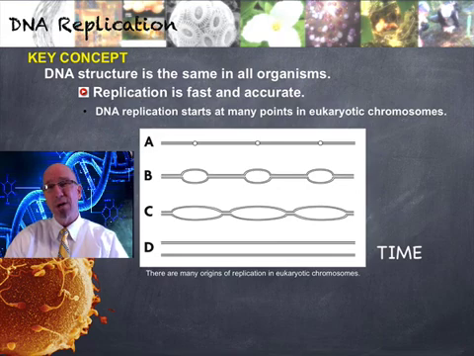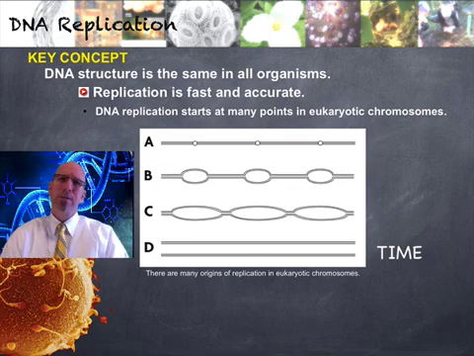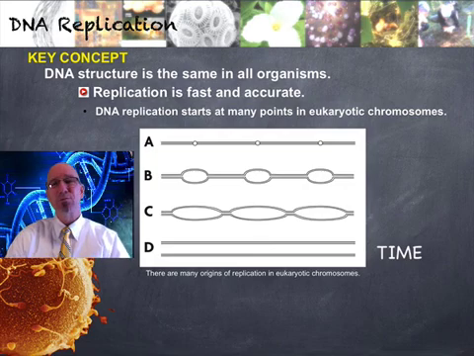In eukaryotes, cells like us, our DNA polymerase molecules can throw down about 50 nucleotides a second. And in every cell, if we're making a copy, there's 3.2 billion nucleotide pairs. It's going to take a while for DNA replication to happen in humans.